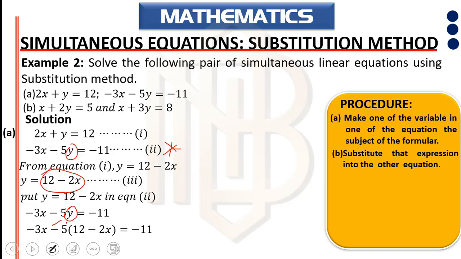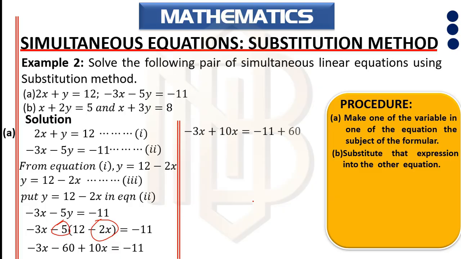We multiply minus 5 by 12, and also minus 5 by minus 2x. That will give us minus 3x minus 60 plus 10x equals minus 11, which you can then sort out by getting the next value out after you have collected your like terms.